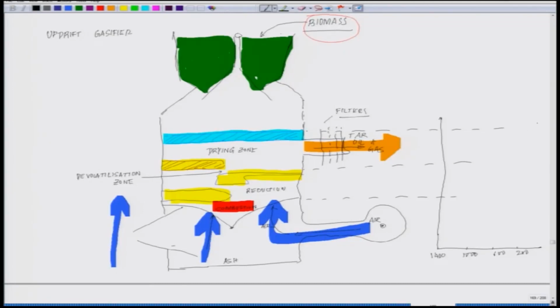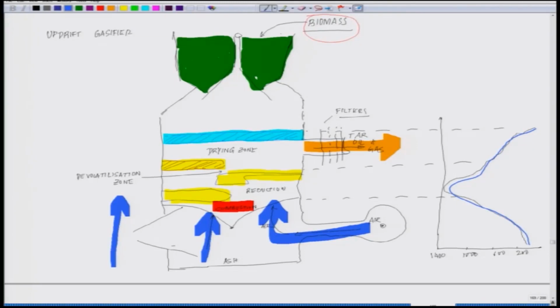The temperature started increasing and then attains the maximum in the combustion zone, and then it falls again. So what does this picture tell you? It means that inside this gasifier the temperature is not uniform.